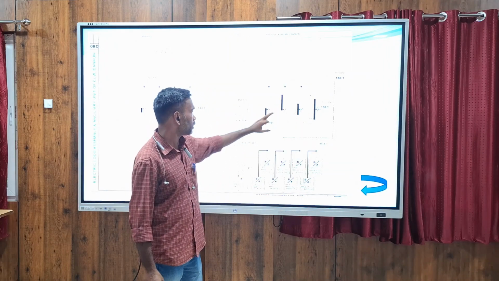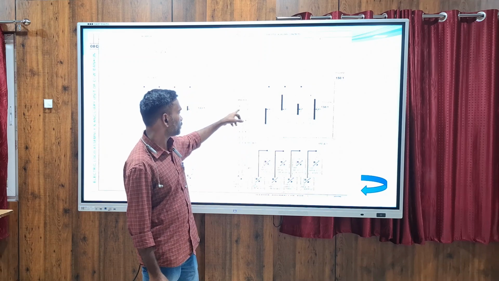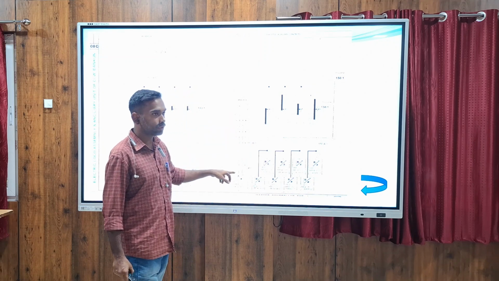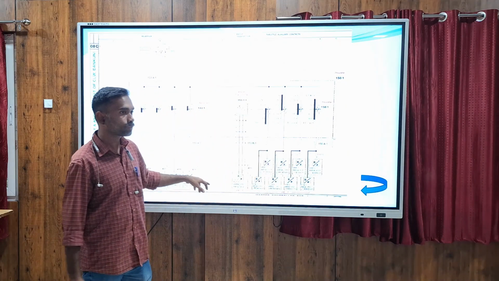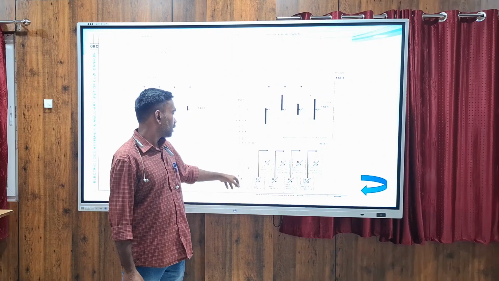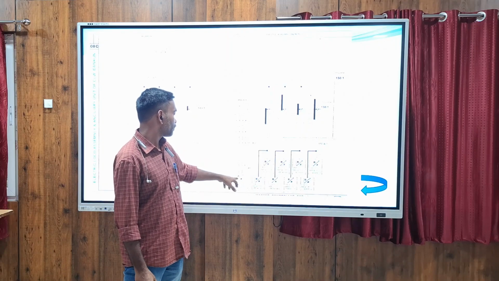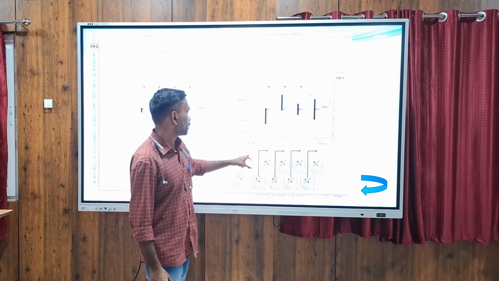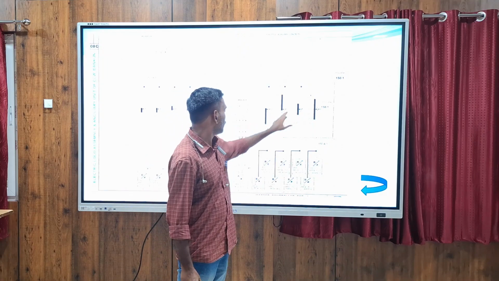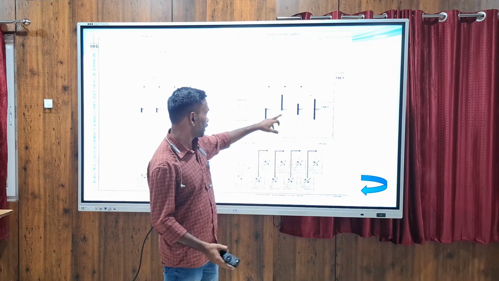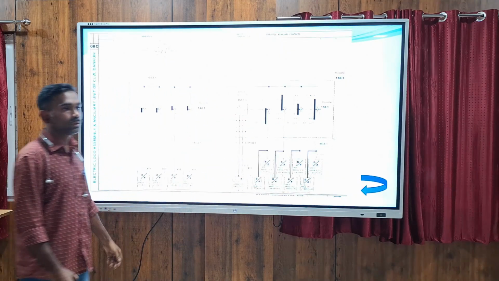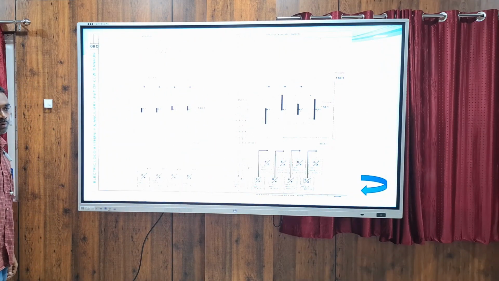Similarly, according to the position, this angle transmitter gives some output current also. So these two will be compared by VCU. VCU will compare these two values for any mismatch, because 1/3 will have some particular current, 2/3 will have some other current. So if there is any mismatch between these two, then it will tell that the angle transmitter is faulty.